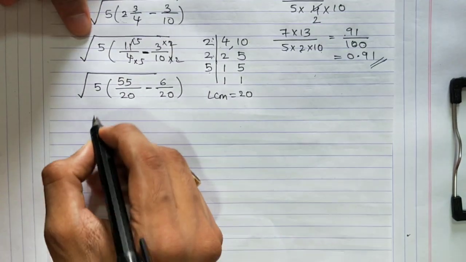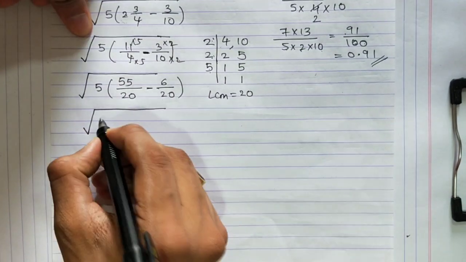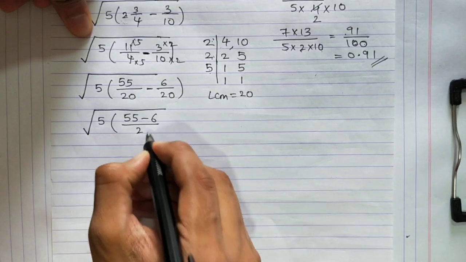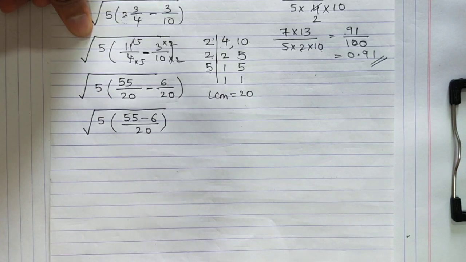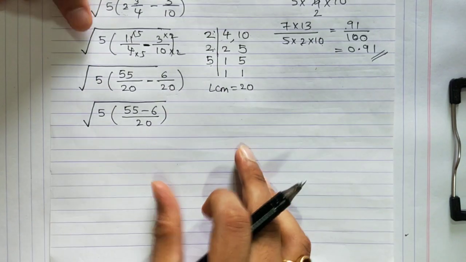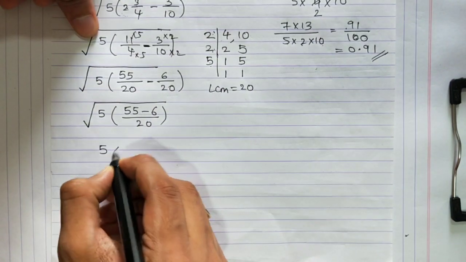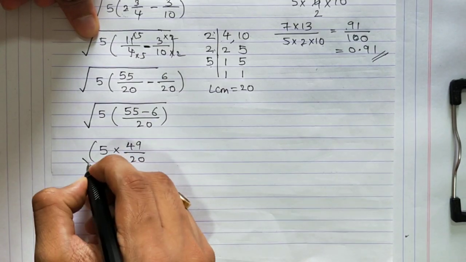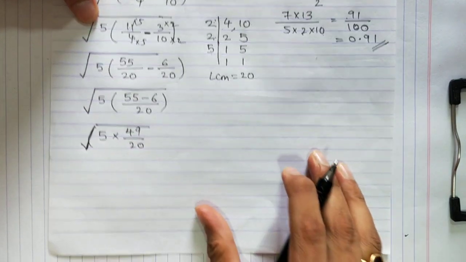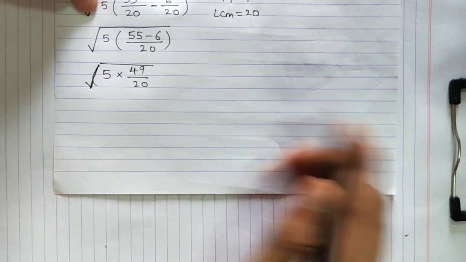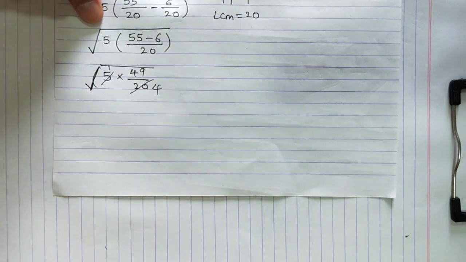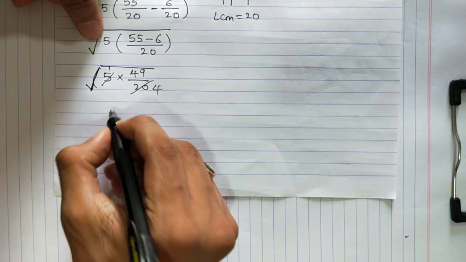So we can directly subtract. 55 minus 6 upon 20. So what is 55 minus 6? It is 49 upon 20. So 5 1s are 5, 4 4s are 20. So finally what is remaining?